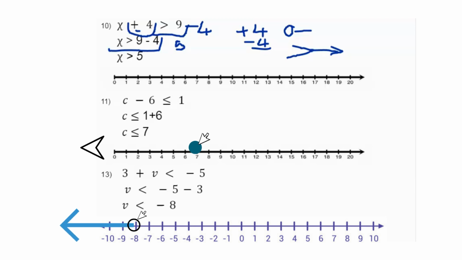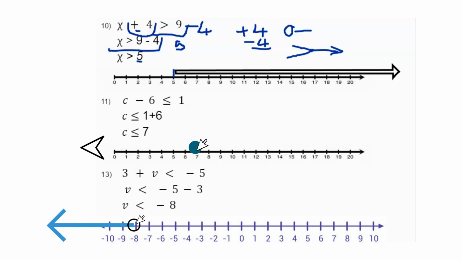So the only thing we have to do is to locate where 5 is. So this is 0, 1, 2, 3, 4 and 5, and this is where 5 is. You start drawing from 5, you come here and you put your arrow. It goes all the way to 1 million.